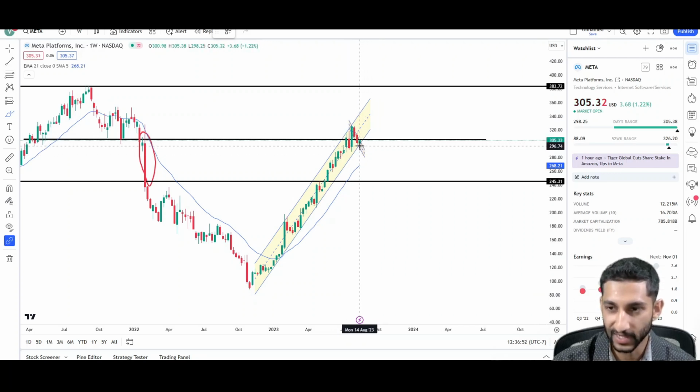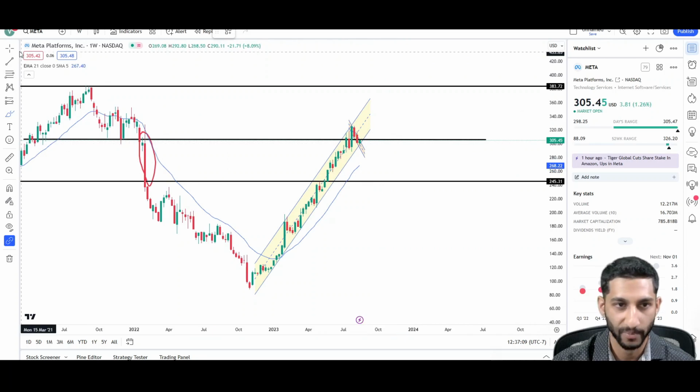So what I want to see is either the downtrend fail or the uptrend fail, and that would tell me what price wants to do. Right now I'm predicting that the uptrend will fail because of multiple things on the chart, and that would pull back price maybe back into the 200s. So I'm looking for lower price targets for Meta.